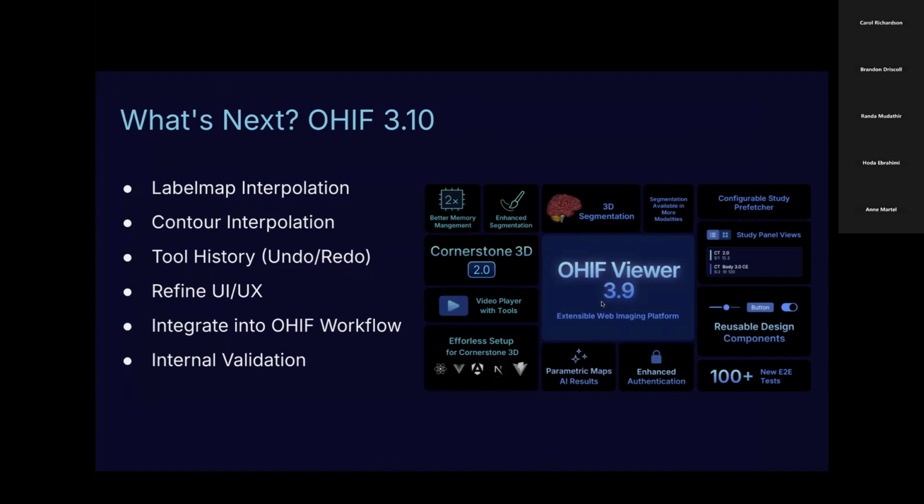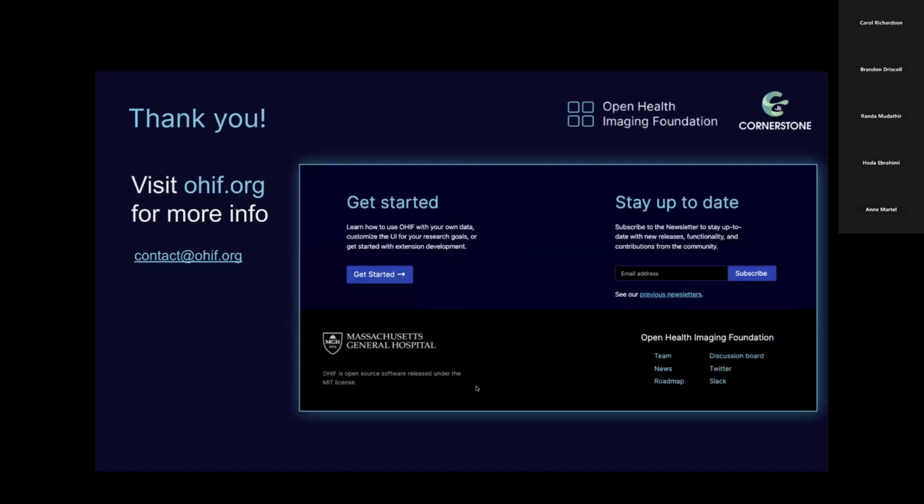Hopefully we can refine the UI and UX to make the most sense of it and integrate it into our OHIF workflow. I didn't even show the tool history that we have because of time, but we also have undo and redo for segmentation and annotations and all of that. So hopefully 3.10 will reduce the gap between the technology that we have in Cornerstone and the viewer that we have at OHIF.